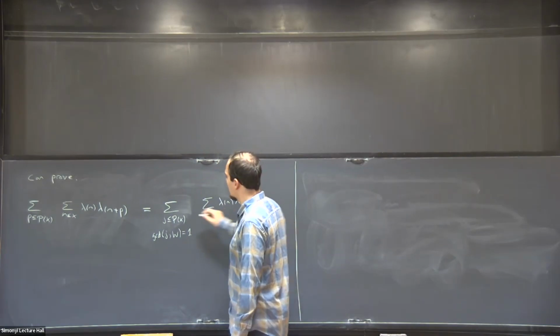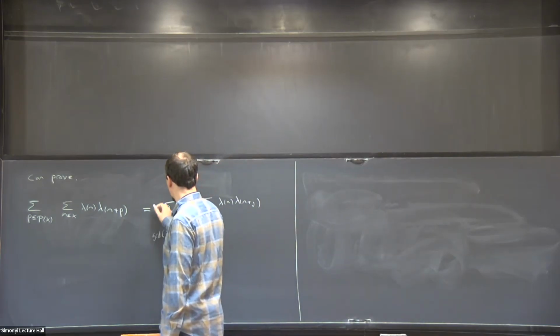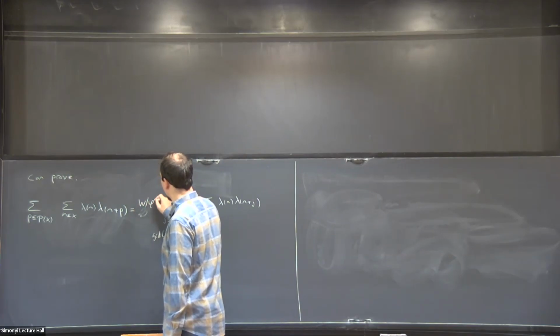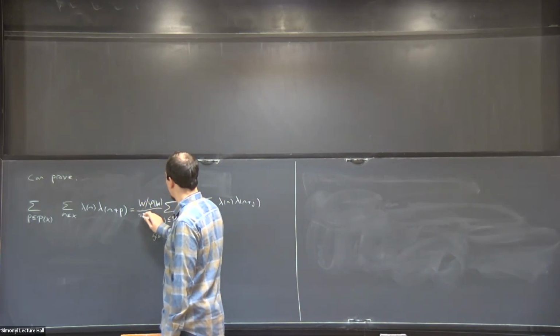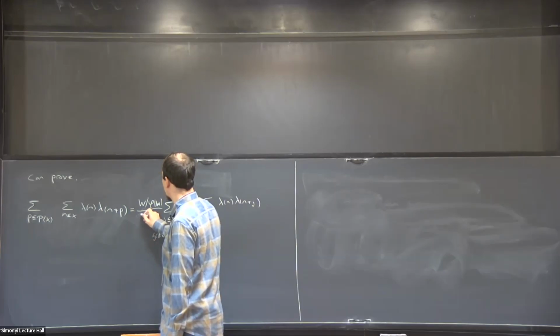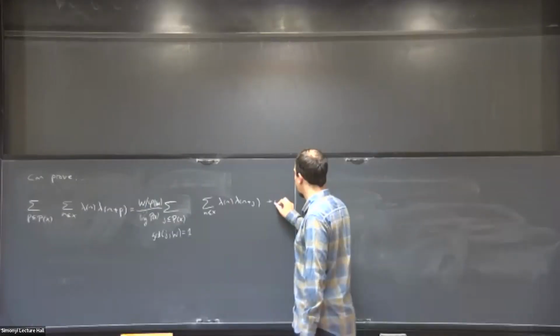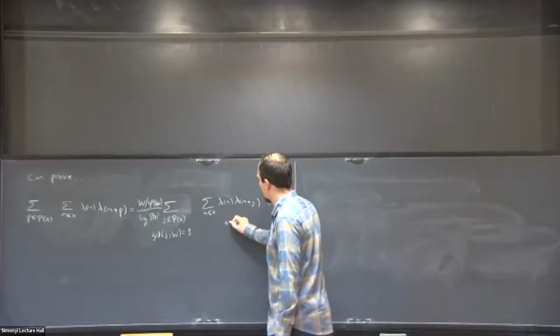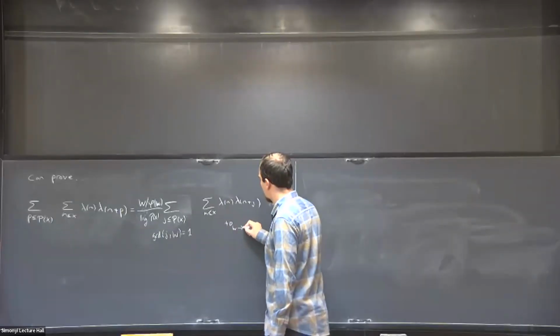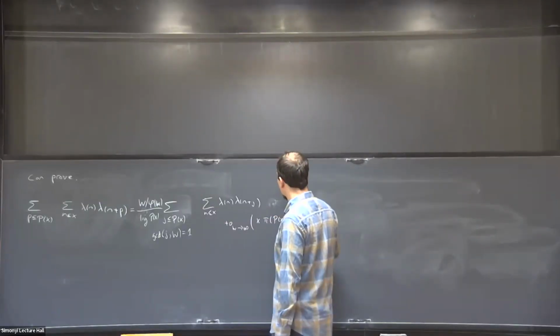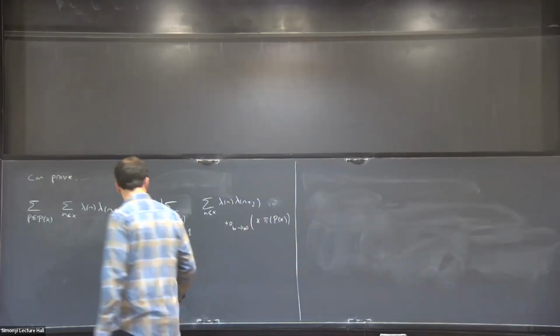J, and we need a normalization factor, W over the phi function of W, and log of px, plus little o of x at the number of primes up to px.